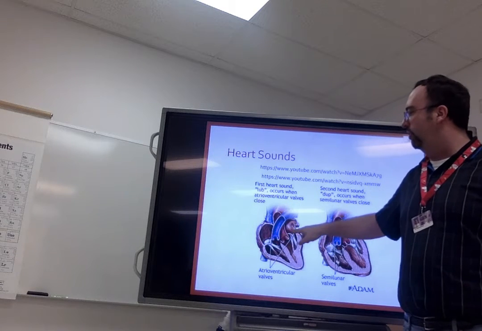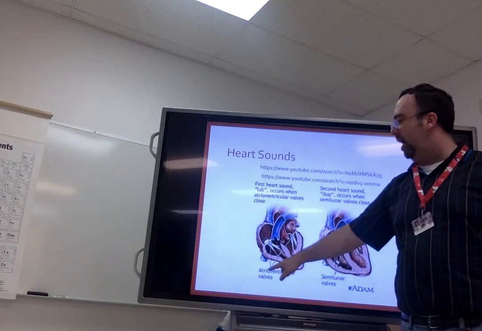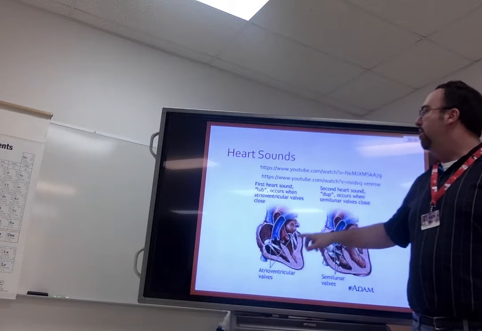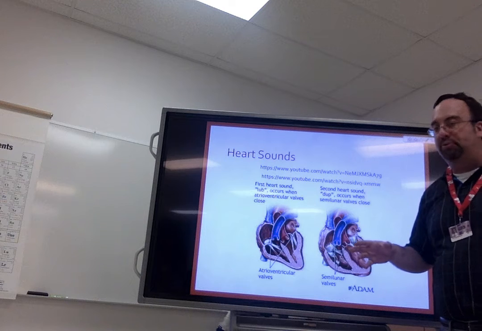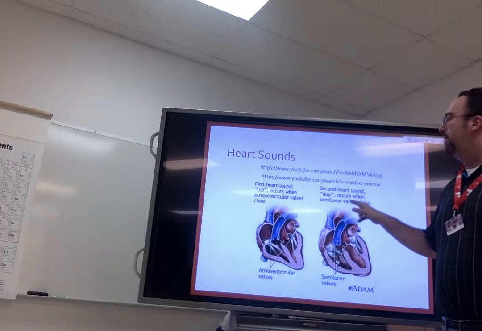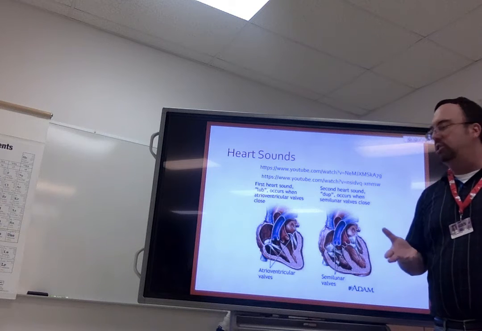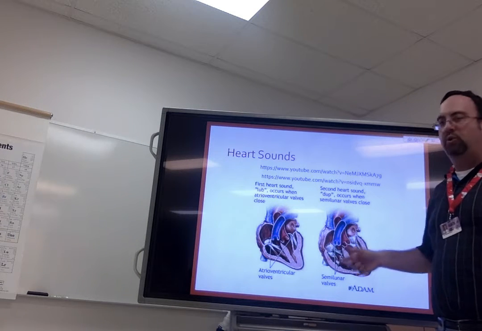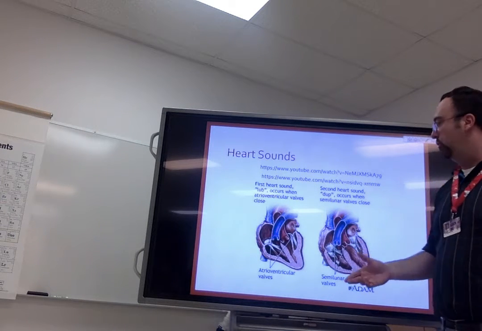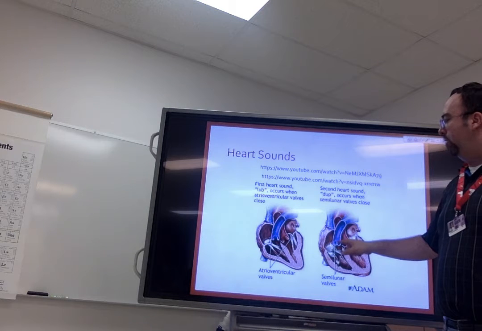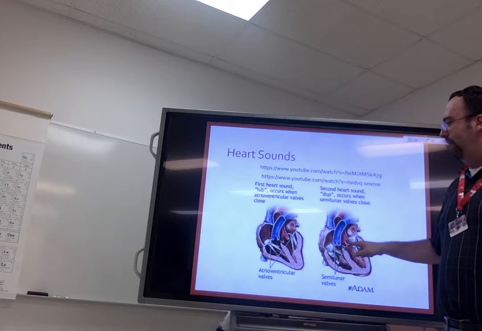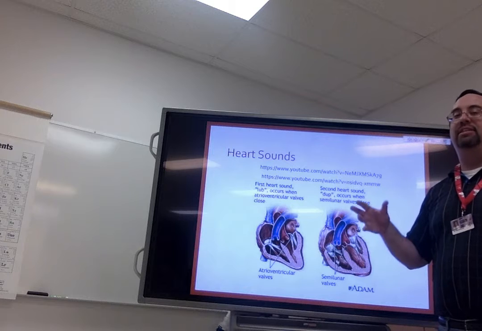So together, these two are known as the atrioventricular valves. The second heart sound, the dub, occurs when the semilunar valves close. The reason they're called semilunar valves is because they look like half moons. This consists of your pulmonary valve and your aortic valve. And so that would be the second sound.